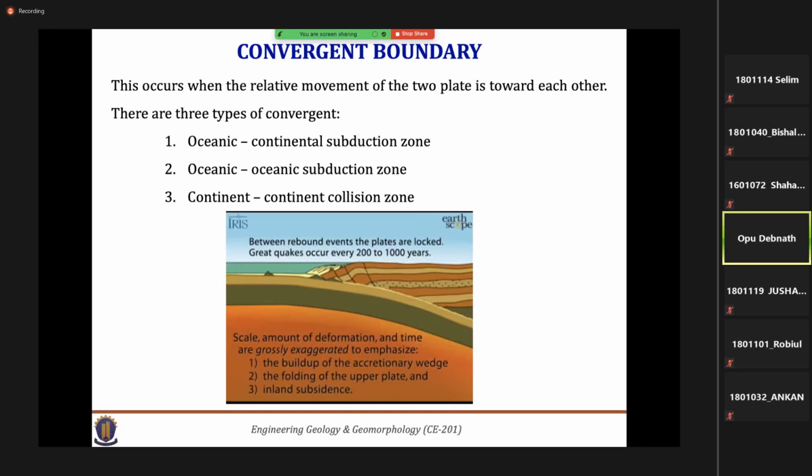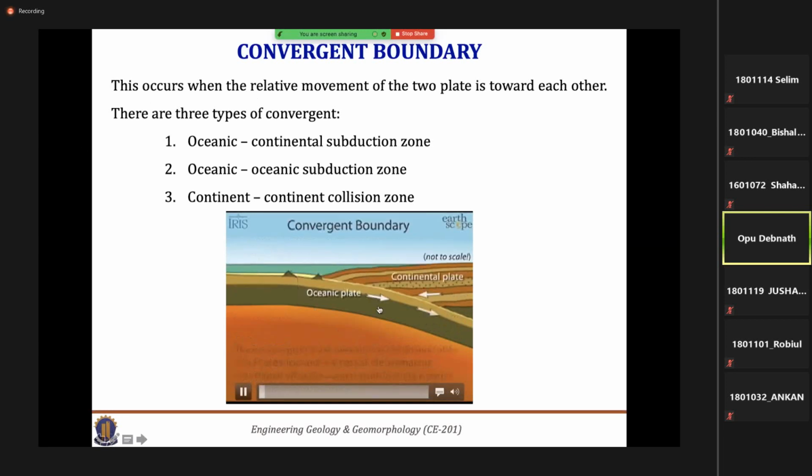It is known as collision because when two solid plates of the Earth move towards one another, there is a chance of collision. Due to this collision, most of the hills and mountains are created at the convergent boundary.